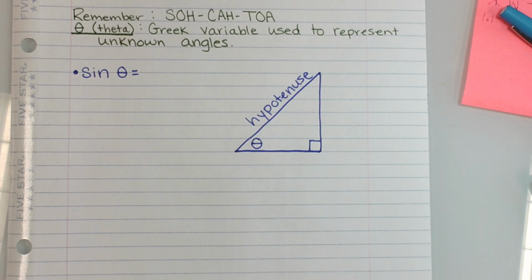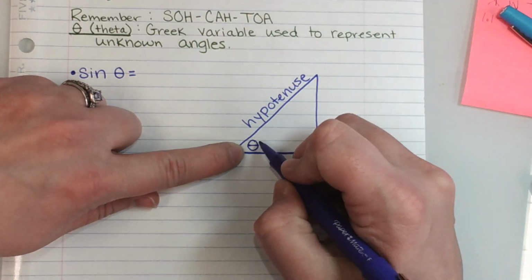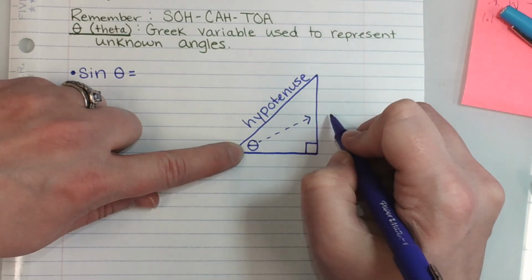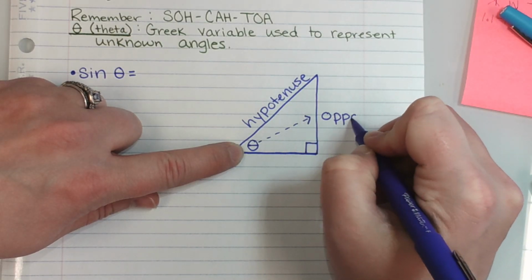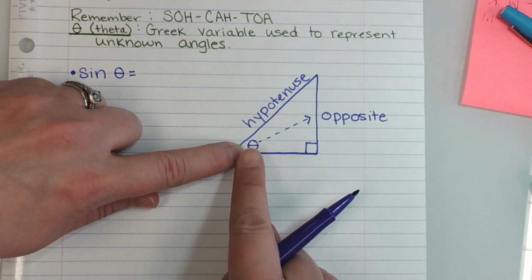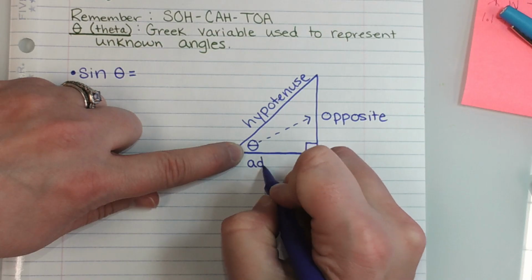Opposite is across the triangle from the angle you're using as the point of reference, because trig is always referenced back to an angle. If we're going to use theta as our point of reference, I go across the triangle, I get to this side, and that is the opposite. The leg that is connected to the angle that you're using as your point of reference is the adjacent.